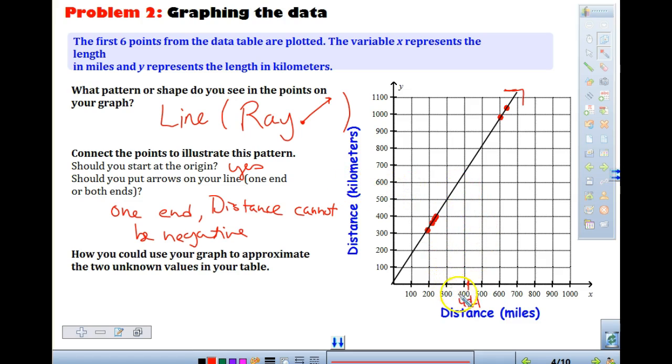So take your straight edge and draw a line going up and check with your shoulder partner and say, you know what I think, and my line kind of got a little crooked, but how many kilometers do you think? So talk to your shoulder partner right now, please. Draw those lines and see what your estimate is. I want you both to come up with an estimate for how many kilometers, okay? At 424 miles, approximately how many kilometers, okay?